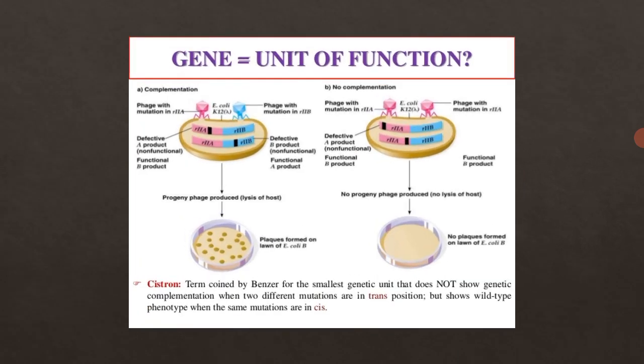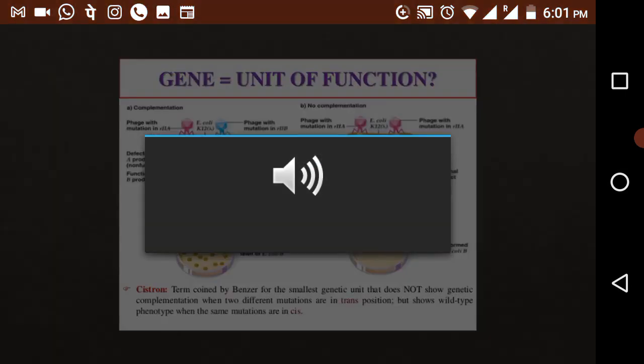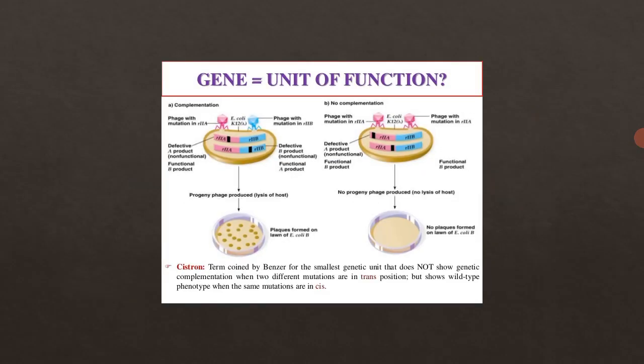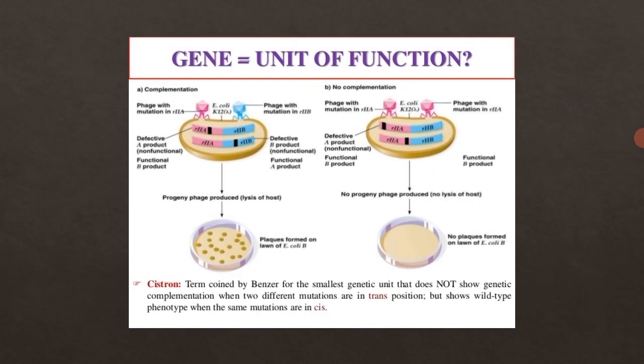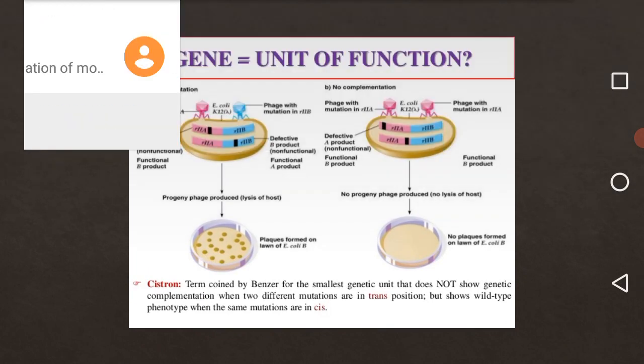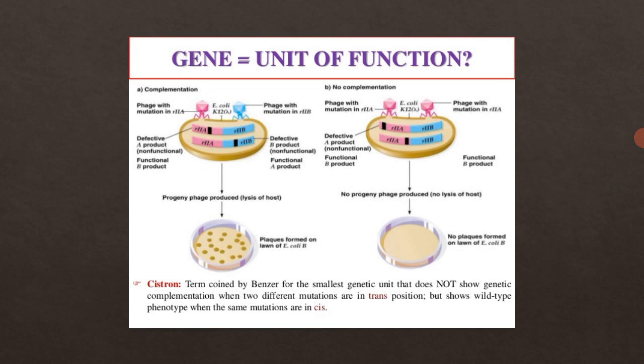Now you can see in the E. coli K12 lambda cell, the black colored band is present in R2A only, right? Therefore the mutations are present in the same gene. Okay, you are getting it, and therefore both mutations are present in the same gene, in the R2A gene only. Now what will happen?